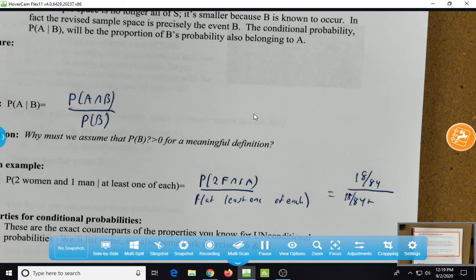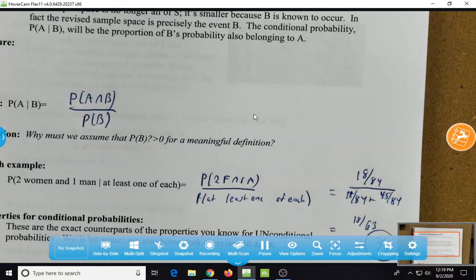So this would be 6 choose 2, 3 choose 1, over 9 choose 3. 6 choose 2, 6 times 5 divided by 2 is 15. So 45 over 84. So 18 over 63, or 2/7 probability.